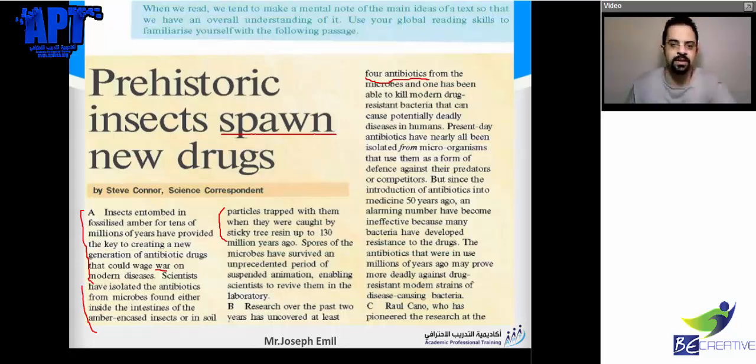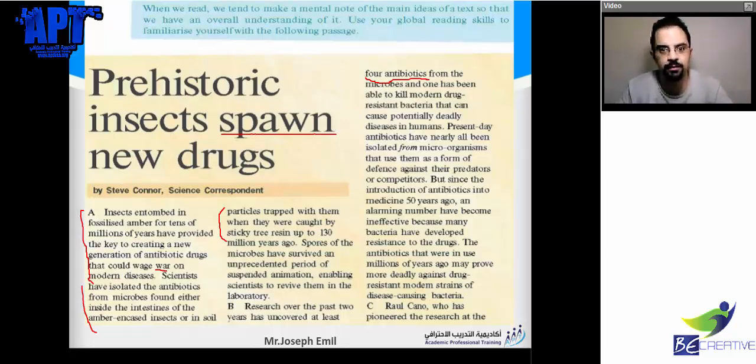But since the introduction of antibiotics into medicine 50 years ago, I think it was introduced in the 1950s, an alarming number have become ineffective because many bacteria have developed resistance to the drugs. The antibiotics that were in use millions of years ago may prove more deadly against drug-resistant modern strains of disease-causing bacteria.